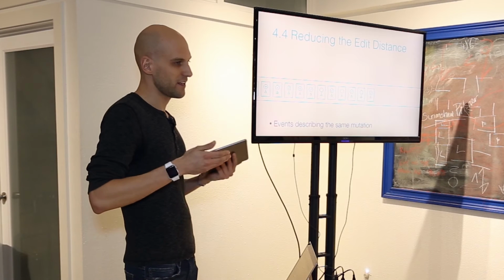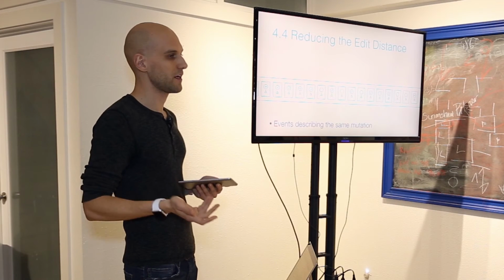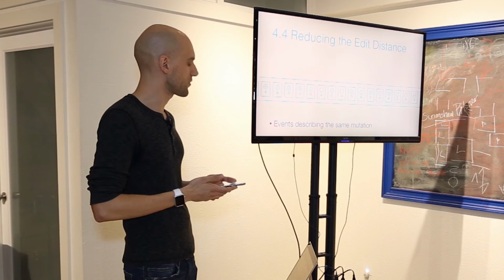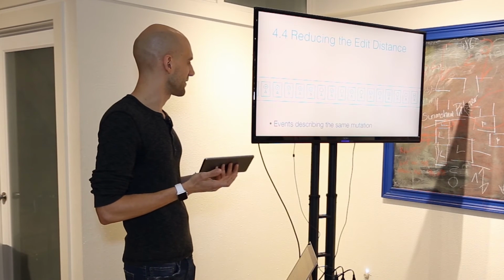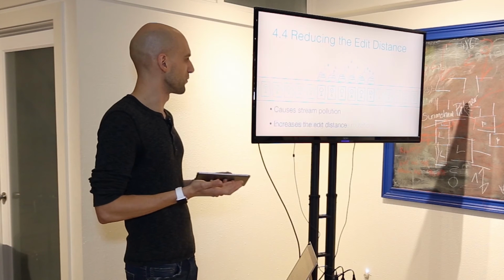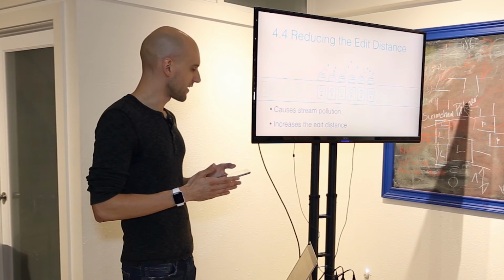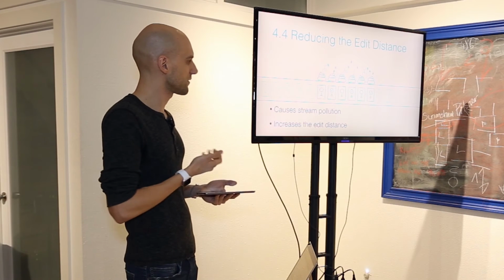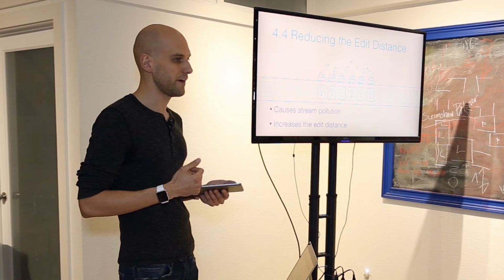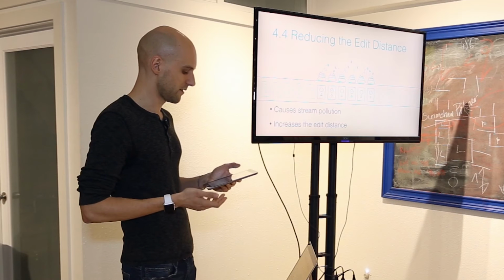So that kind of extends the edit distance that describes the object mutation. We call this kind of state stream pollution. It slows down other clients because they have to discover all these events and then fetch them and then apply them onto the model.